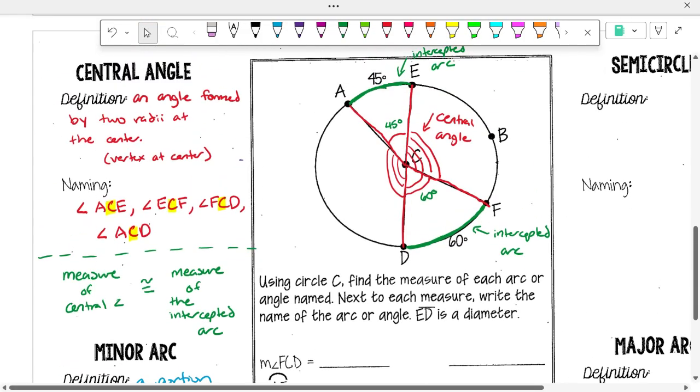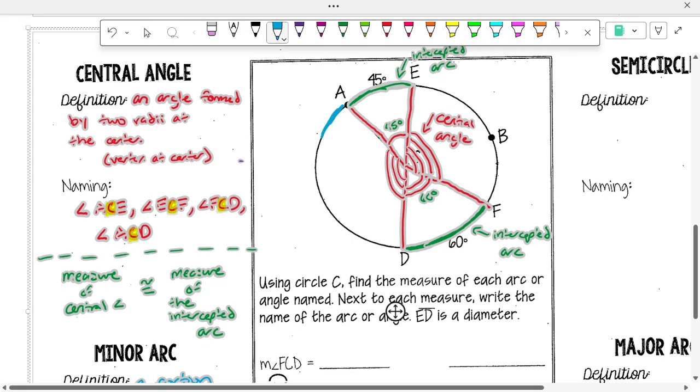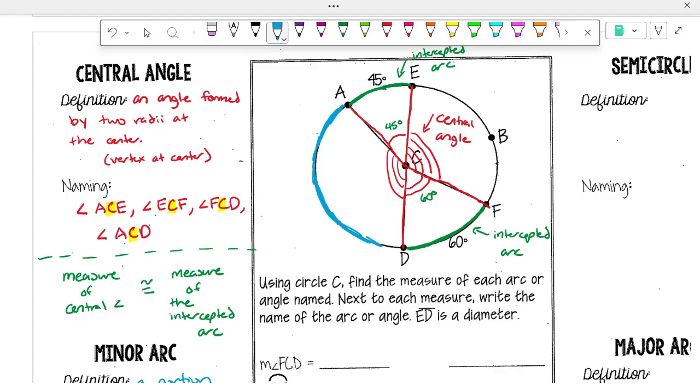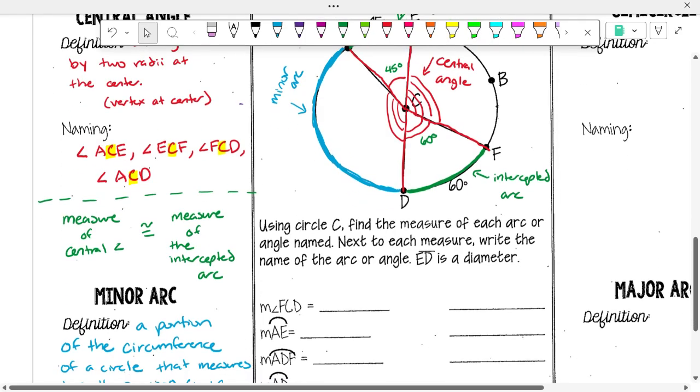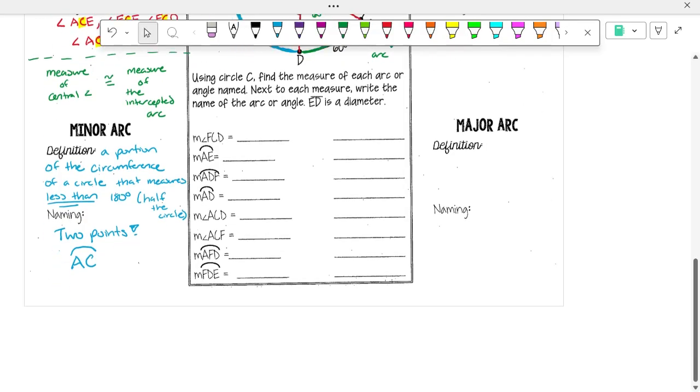So if I went back up here, an example of a minor arc would be either your intercepted arcs that we just wrote, or just so we have some differentiation here, AD is also considered a minor arc. Technically, these two intercepted arcs, the green ones, are also considered minor arcs because they're less than 180 degrees. But we name that arc AC, and we put a little arch symbol over it.